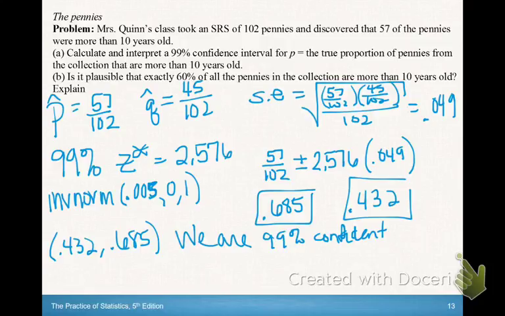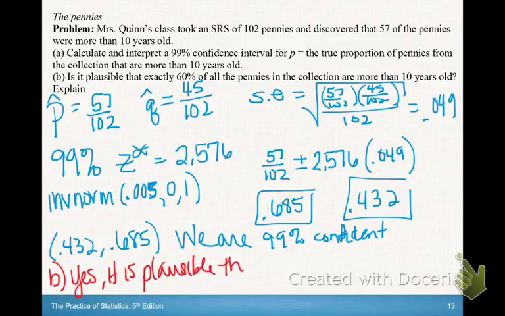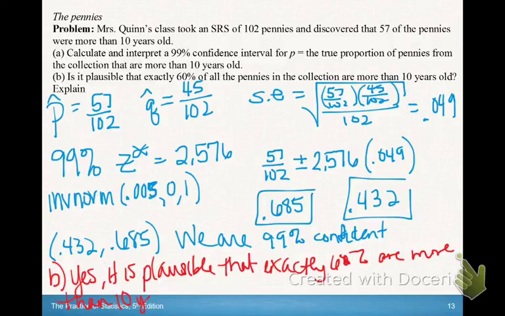So for part B, I'm going to say yes, it is plausible that exactly 60% of the pennies are more than 10 years old, because 0.6 is in our interval. So there's my justification, or my explanation.